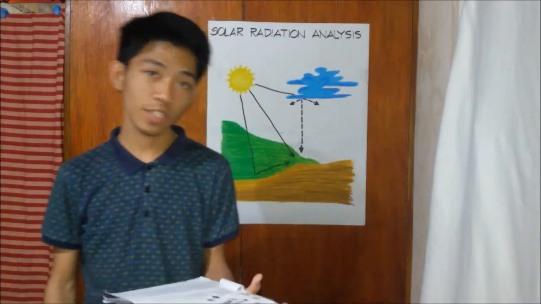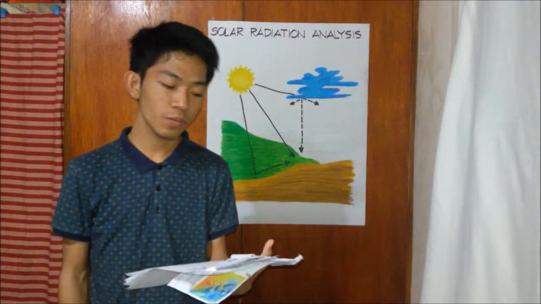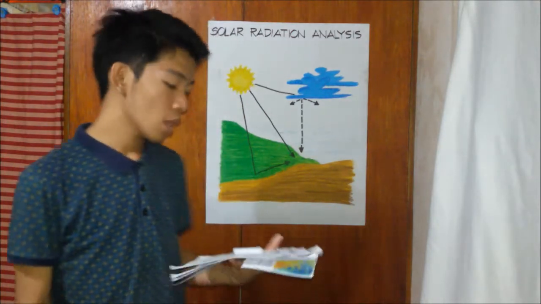Incoming solar radiation or insolation originates from the sun, is modified as it travels through the atmosphere, is further modified by topography and surface features, and is intercepted at the Earth's surface as a direct, diffuse, and reflected component.